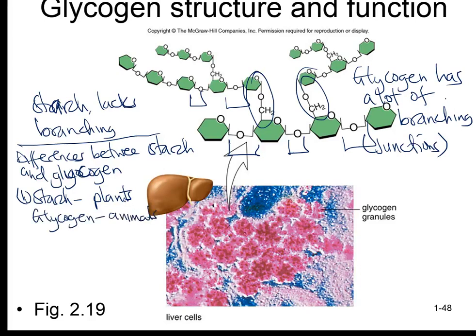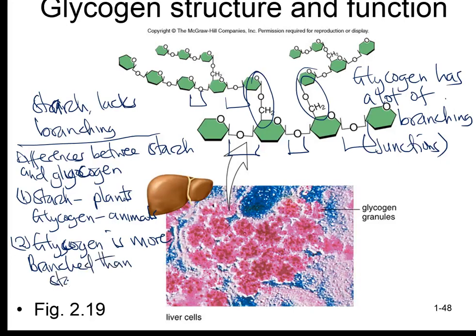That's the first difference. The second difference, glycogen is more branched than starch.